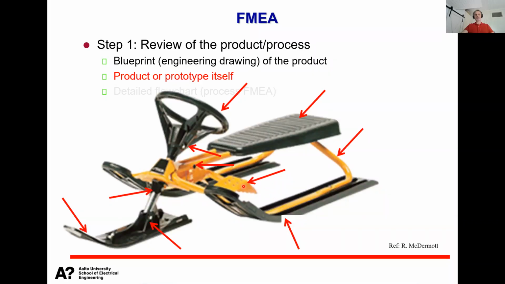You have the brakes. This part is a mechanical part, so maybe quite robust, but also there is the attachment. So you push with your foot, this one, in order to brake. And if that fails, then of course you lose control of the speed, and that could also be quite harmful.